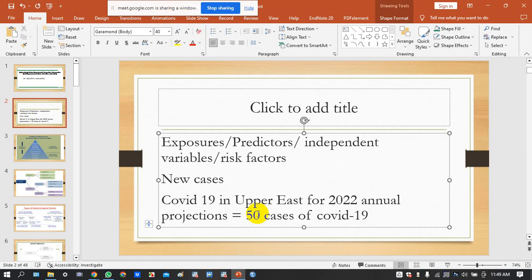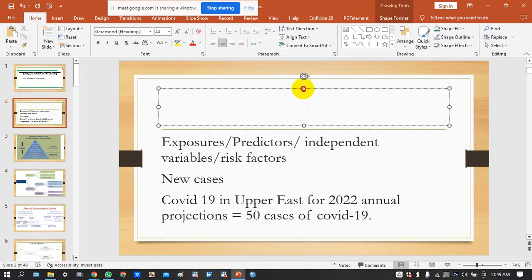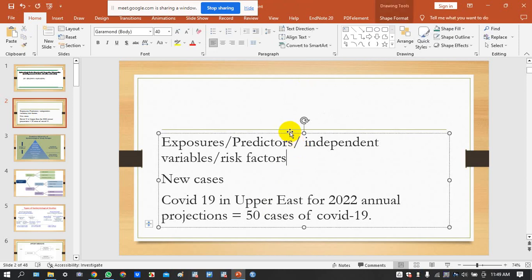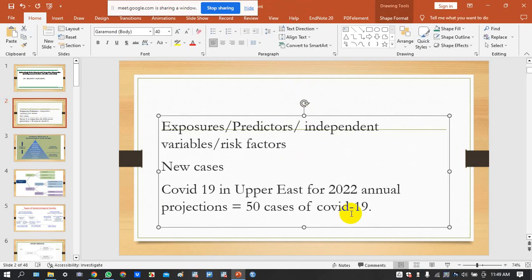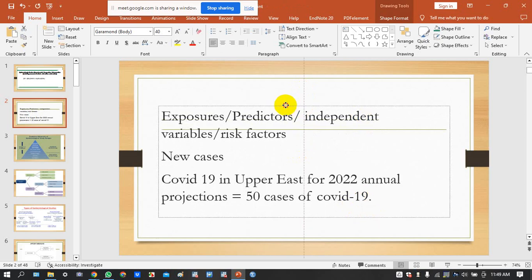But you realize that in the month of December of 2022, the cases of COVID-19 shot up.